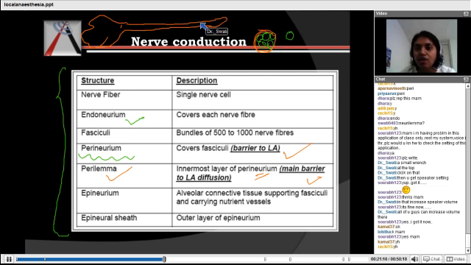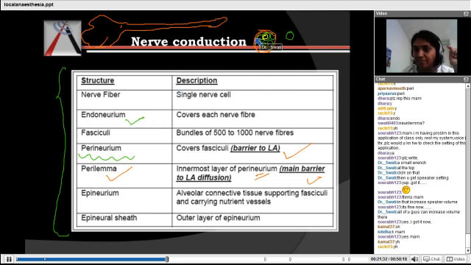Now look at how our nerves are arranged. First we have the neurilemma. Now if I draw the cross section of the nerve, I'll draw it in yellow color. This yellow is the neurilemma. Surrounding it is the condensation of the connective tissue, which is called endoneurium.